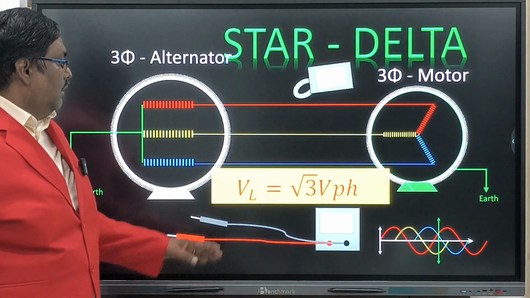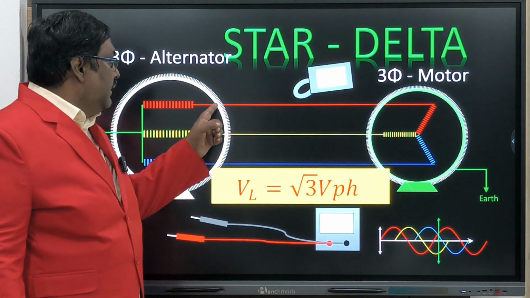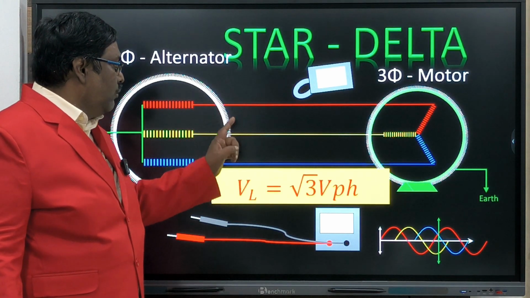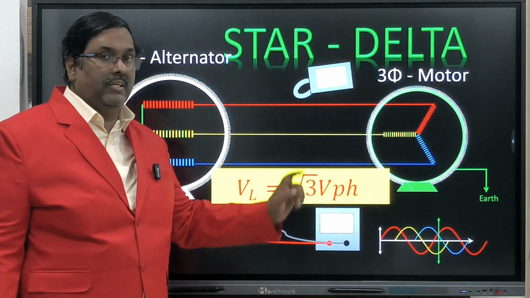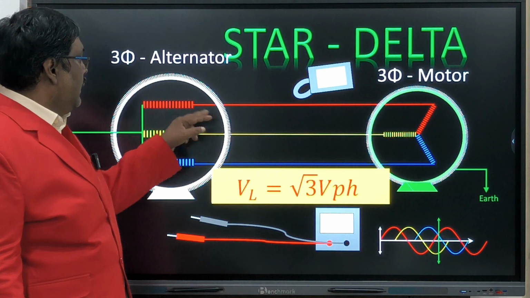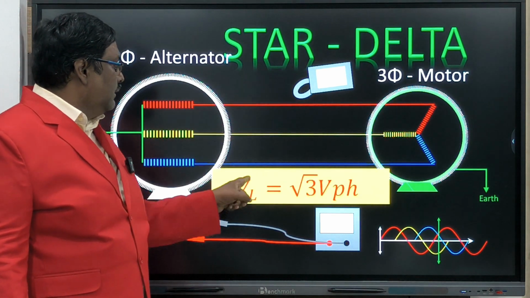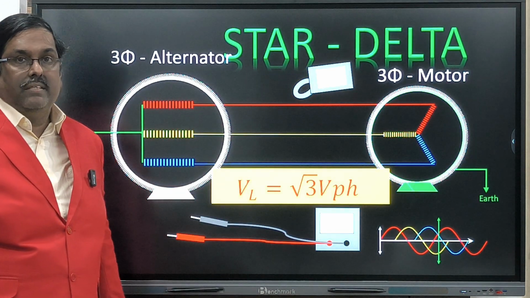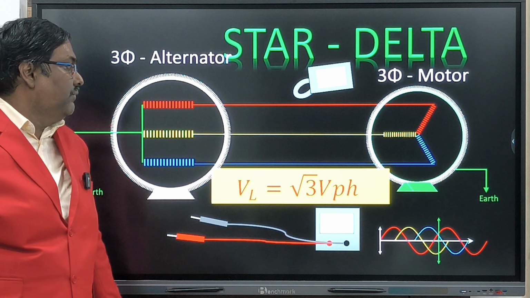Before that I will tell you, here the line voltage, the voltage between lines, is √3 of the phase voltage. This is the phase voltage, and the voltage between the lines will be √3 V phase. This was the last class we saw, just for remembering.